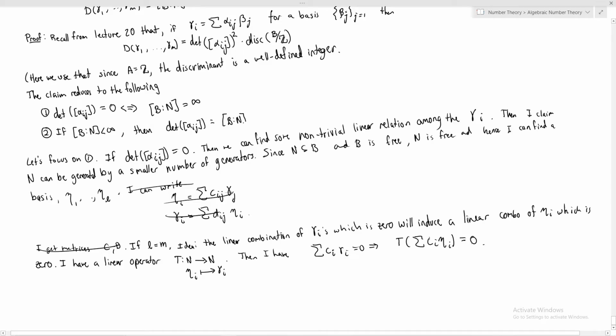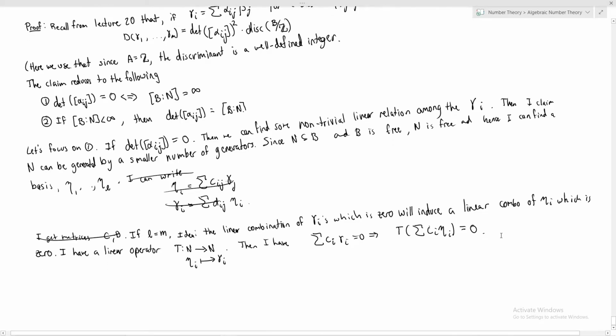And then essentially I need an inverse to T. So the question is now, can I find L, let's say, sending gamma i to eta i.